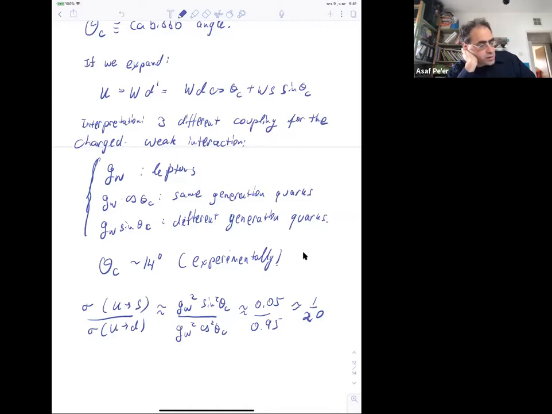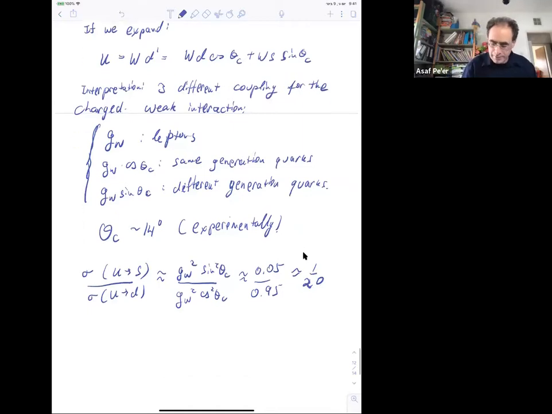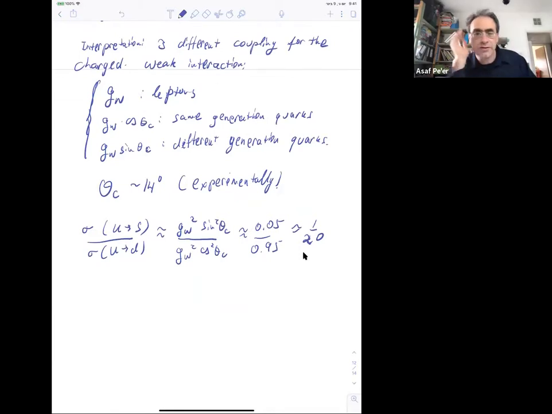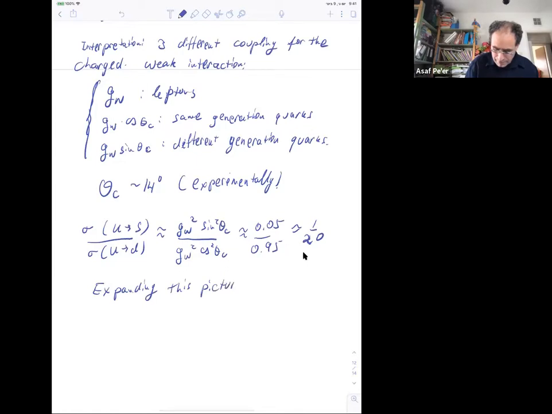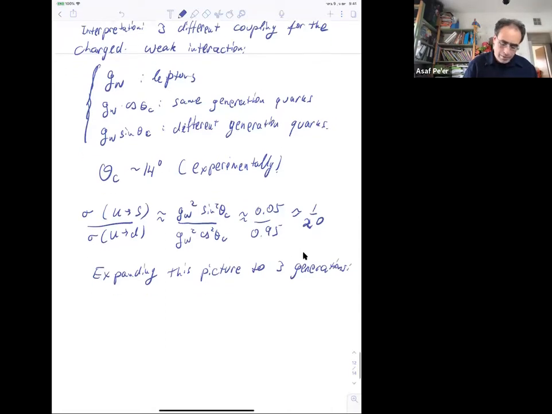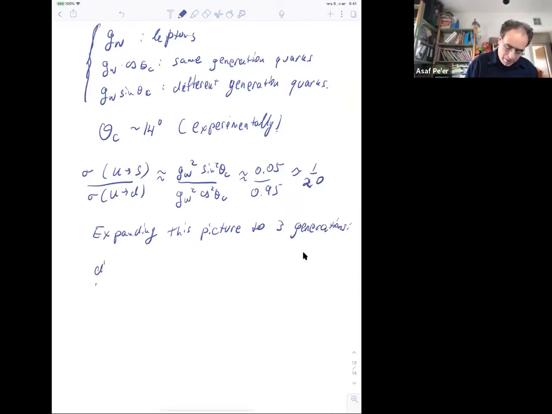Now, let's expand the picture. There's nothing that prevents us from expanding this picture to 3 generations. So we have the D prime, S prime, and the bottom prime.